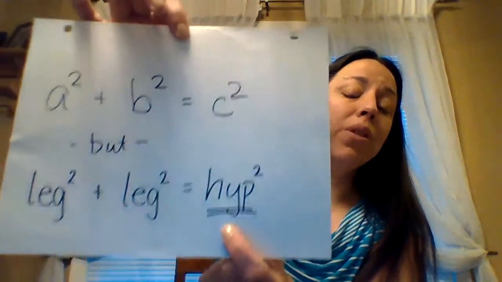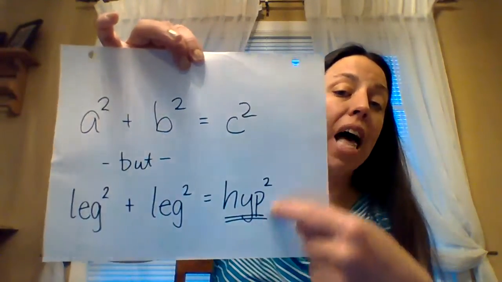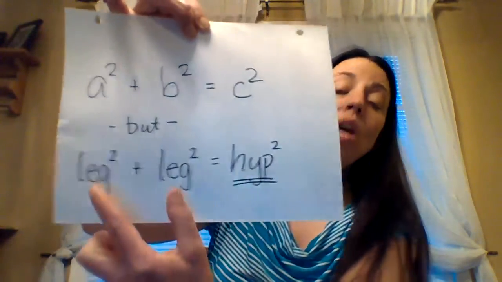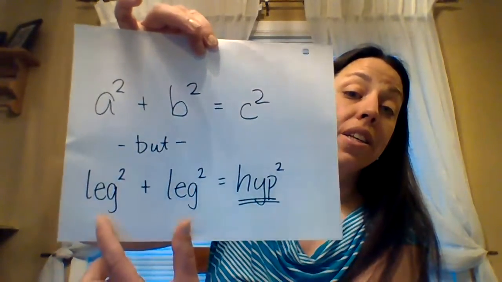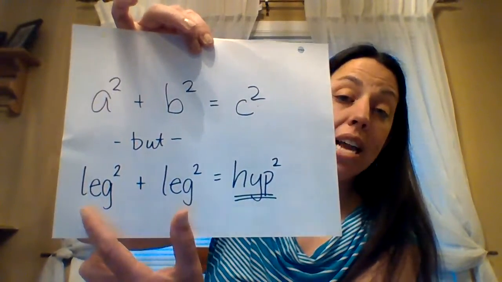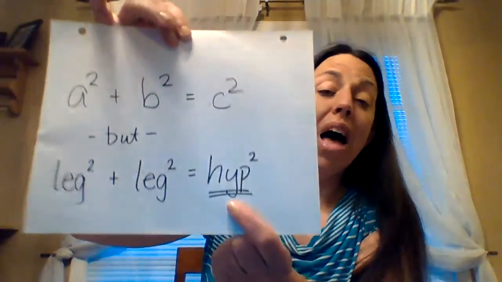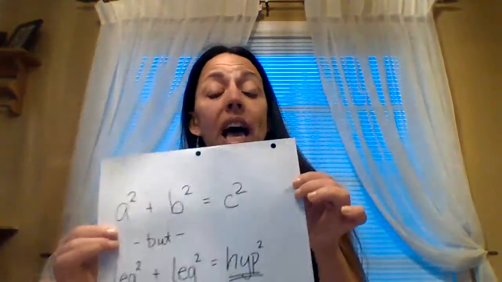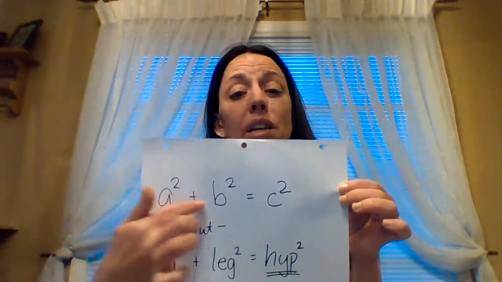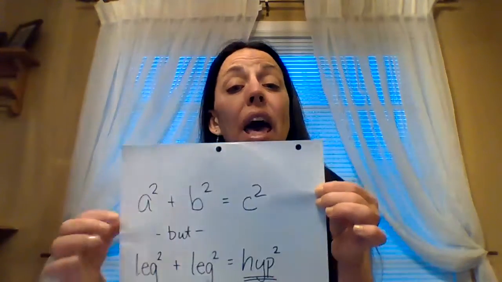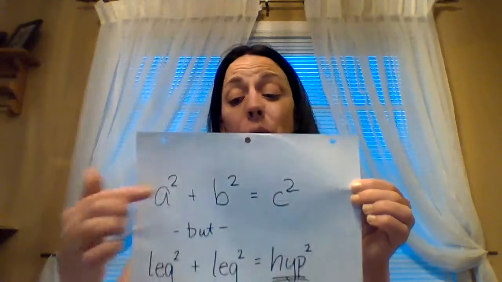The hypotenuse is the one that is on this side by itself. We take our two legs on the one side, opposite and adjacent if you want to label them that way, but the hypotenuse has to be on the side by itself. So a squared plus b squared equals c squared is okay, but you're not always going to know a and b.